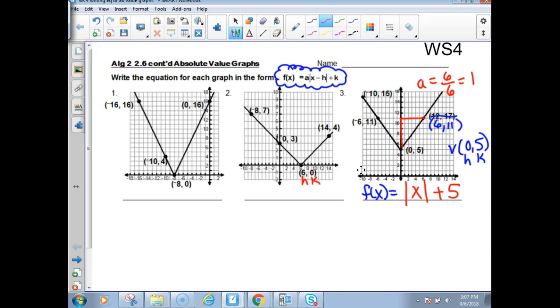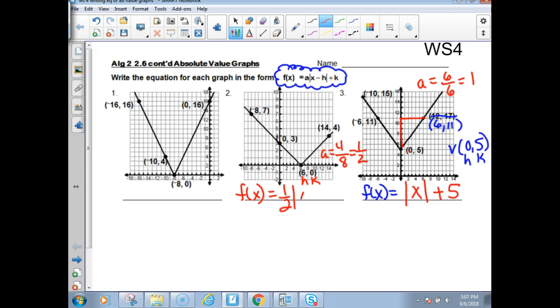So H is 6, K is 0, and then I need to figure out A. You can say change in y, 0 to 4 would be 4. 6 to 14 is a change of 8. So 4 over 8 is equal to 1/2. So A is 1/2.